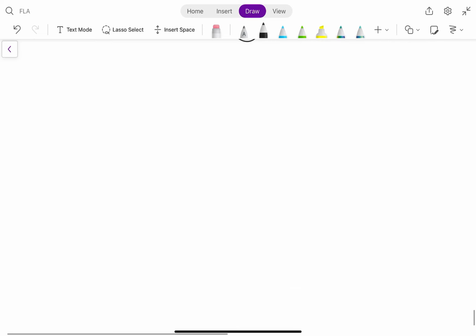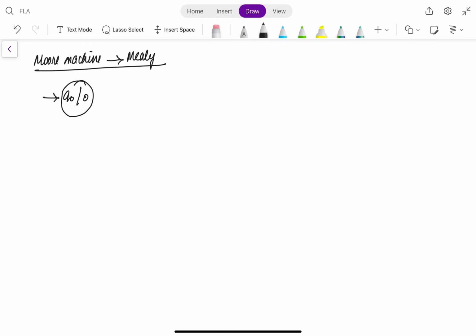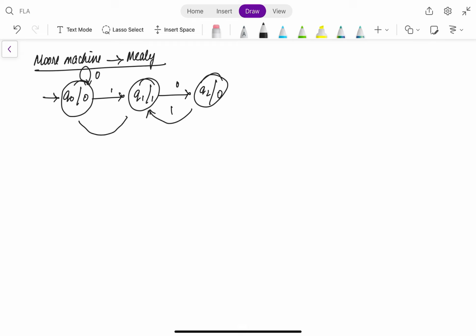Now we will move on to conversion of Moore machine to Mealy machine. Okay, so we have a Moore machine.